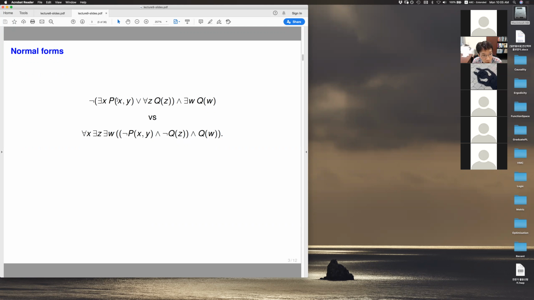Formulas in first-order logic can have a negation outside, and then existential and universal quantification and so on in a nested manner. If I want to do some theoretical analysis or design an algorithm for first-order logic, dealing with formulas like the one you see on the top line makes things quite complicated.